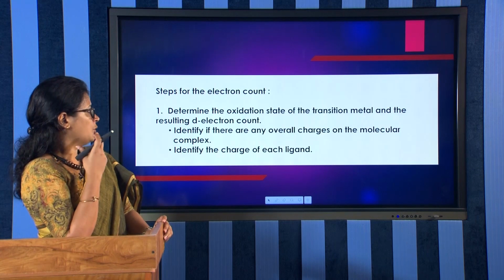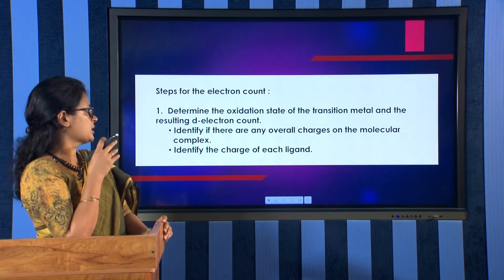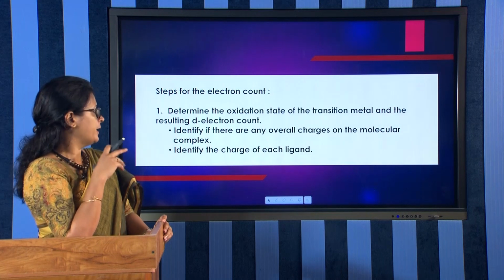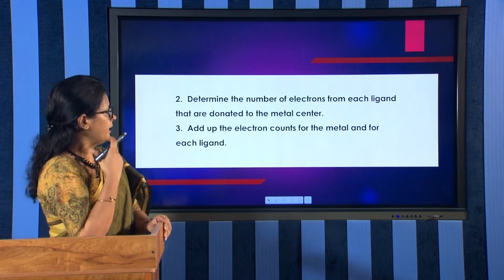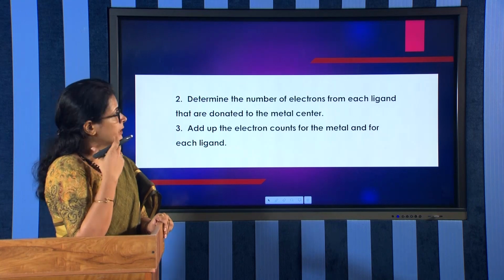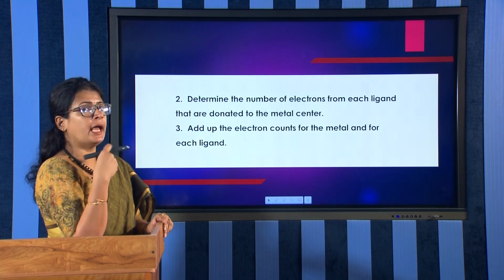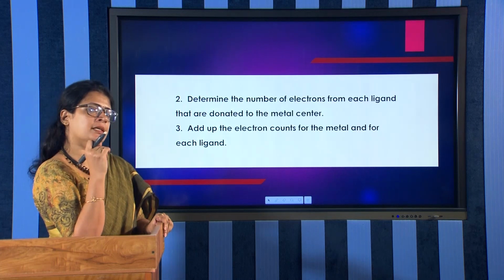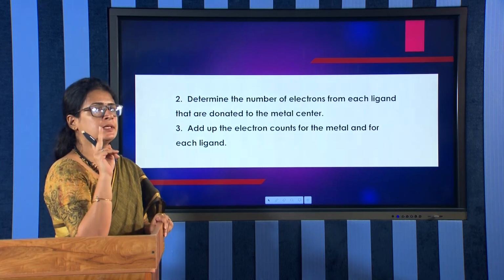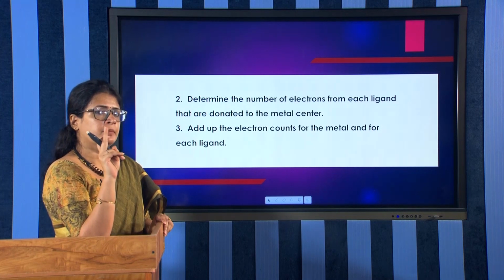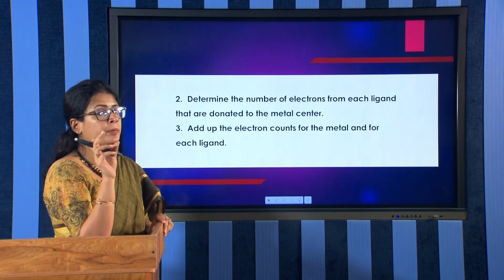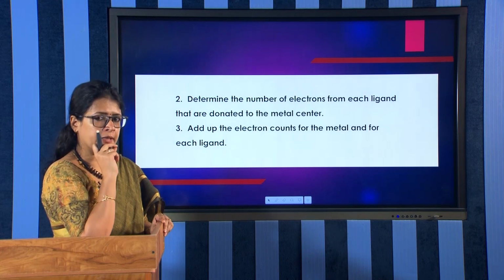In that, first we identify any overall charge on the molecular complex, and next identify the charge of each ligand. The next step is to determine the number of electrons from each ligand that are donated to the metal center. So, the first step is to find the oxidation state of the central metal atom. From that you will get an idea of how many electrons are in the central metal atom.